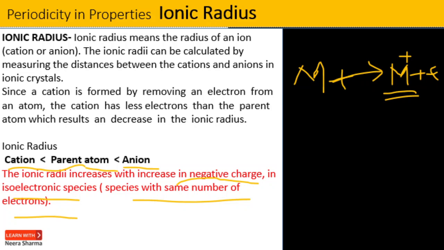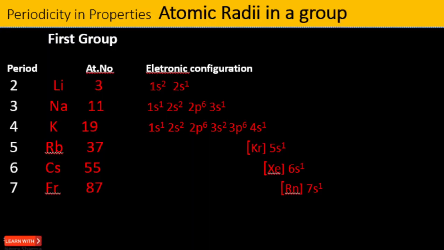What happens to this atomic radii as we go from top to bottom in a group? This is the first group: lithium, sodium, potassium, rubidium, cesium, francium. This is the second period, the second shell. If we have the seventh period, francium, we have one electron in the 7s1.